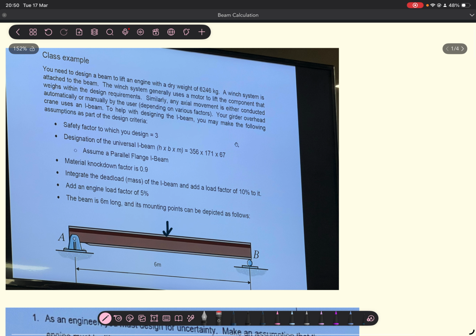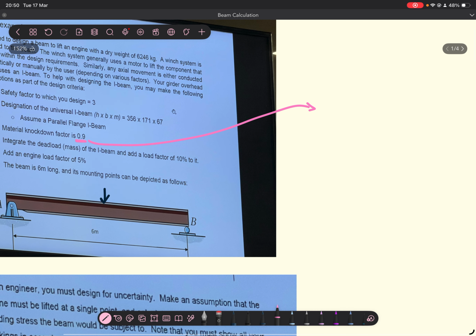And then we have our material knockdown factor of 0.9. So this is going to be applied to any material properties of your steel section. So the yield strength of our steel is going to be 350, which is typical of South African steels. I can't remember the code name for the steel, but yeah, you're going to multiply this by 0.9.